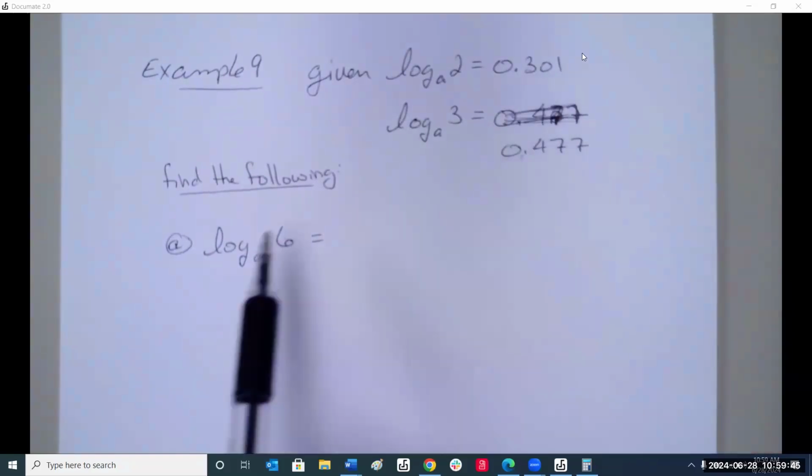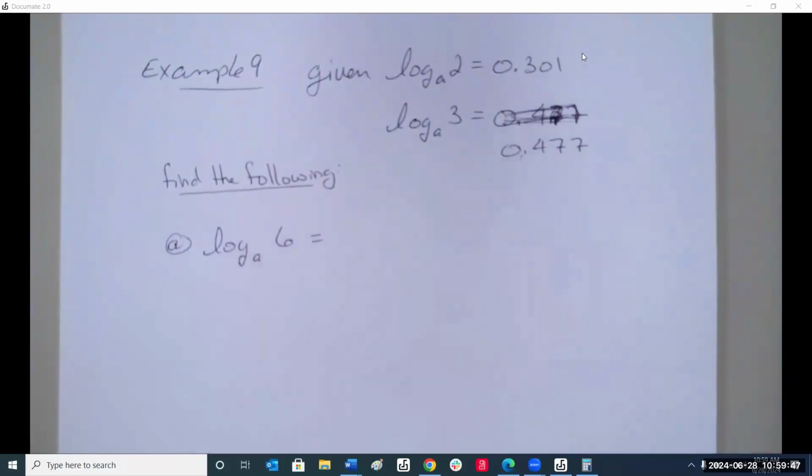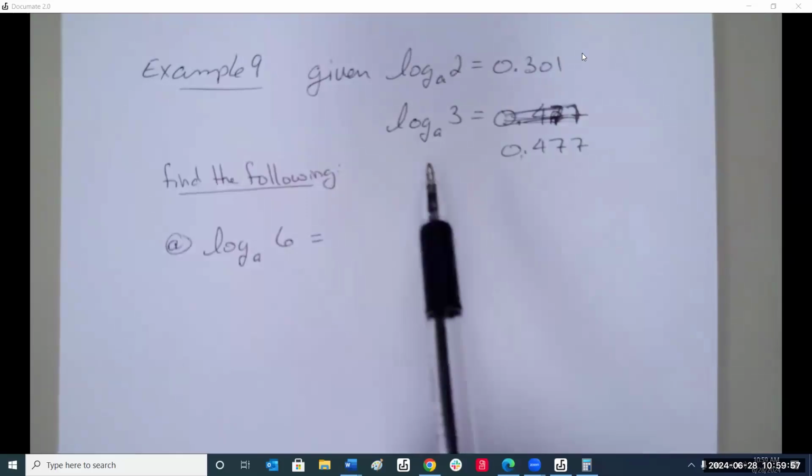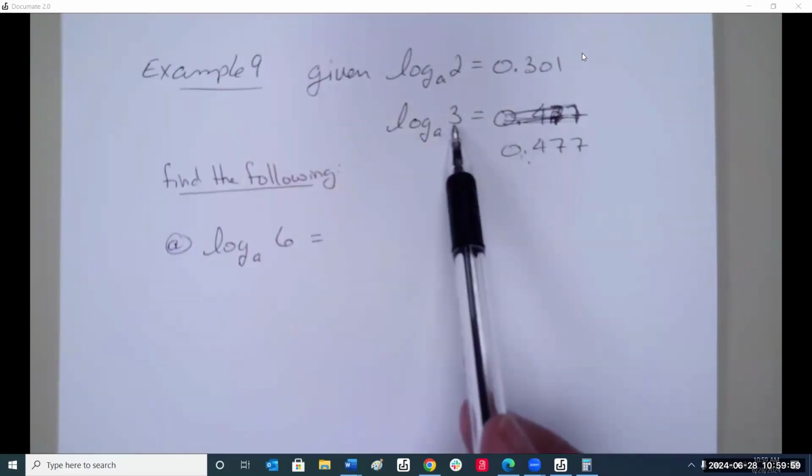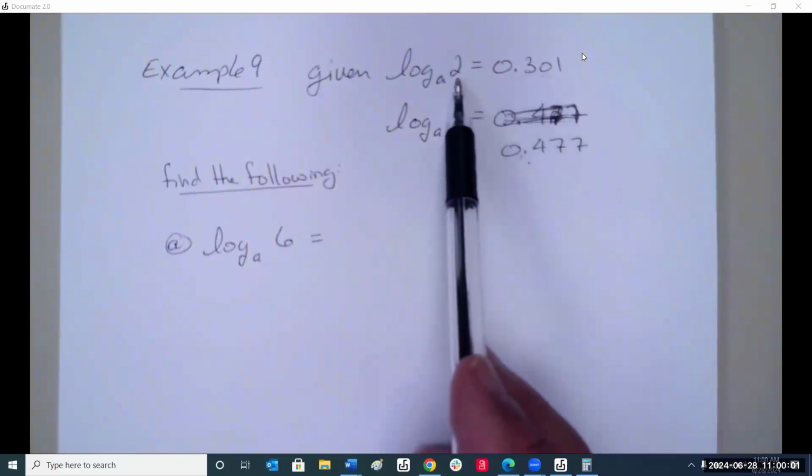Knowing this, can we find the value of this? How? You can't. 0.477 only equals 3. This one only equals 2.